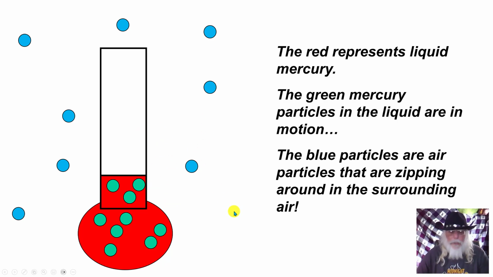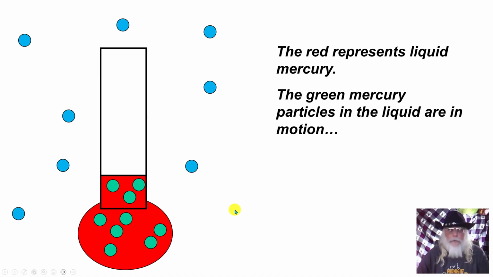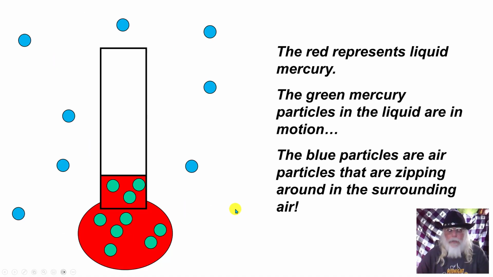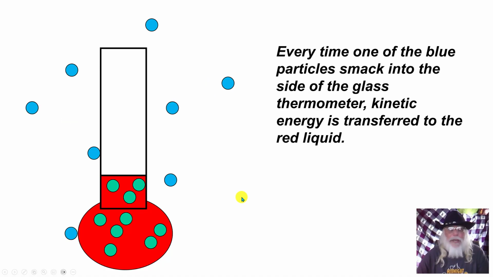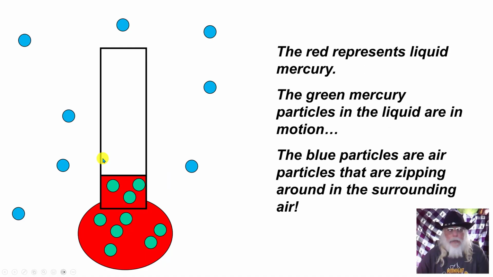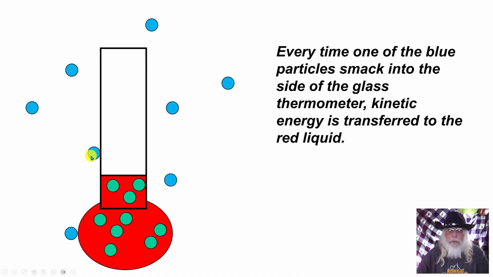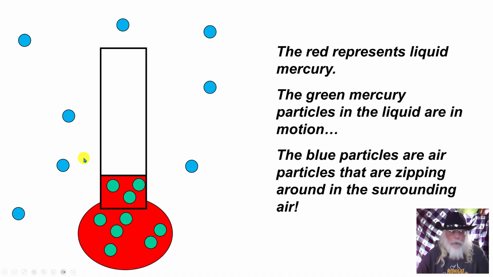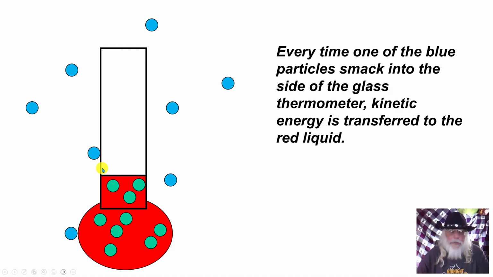So they're moving around, and you can see the particles moving around. Incredible animation for you there. Every time one of the blue particles smacks into the side of the glass, kinetic energy is transferred from the blue air particle to the glass, which is then transferred to the red liquid.